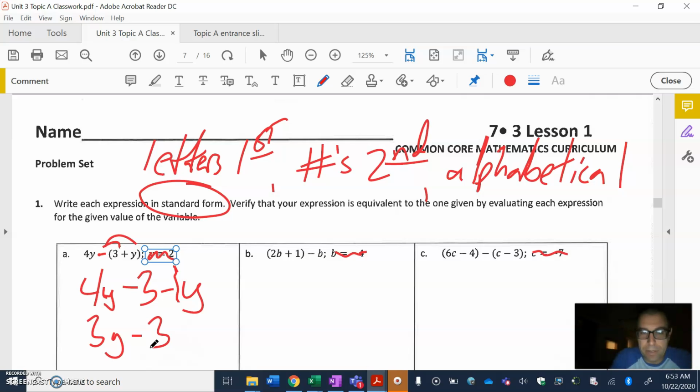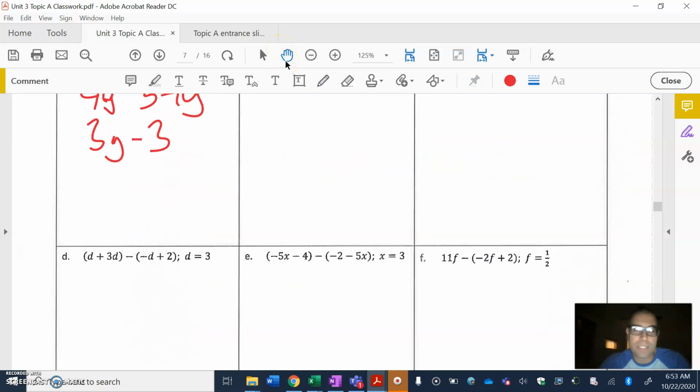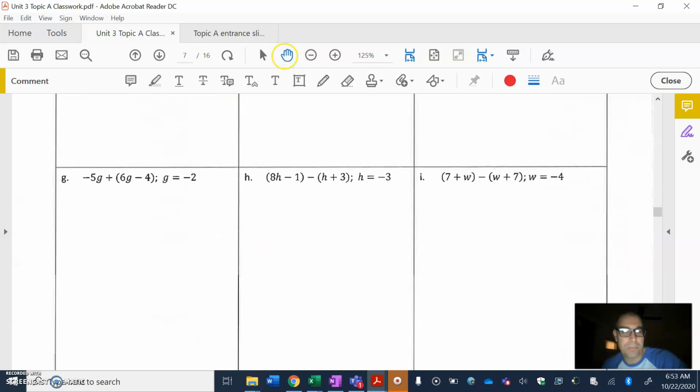You can see in letter B there's no subtraction sign to distribute. The subtraction sign is not up against parentheses. And C, oh my, it is. So you are going to have to distribute. Like we said, don't worry about equals. We're not worried about substituting that in. We're more interested in distributing the subtraction sign, and I can see a lot of it in D, E, and F. Let's keep going a little bit here.